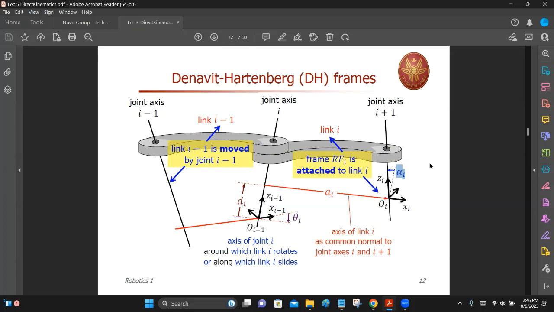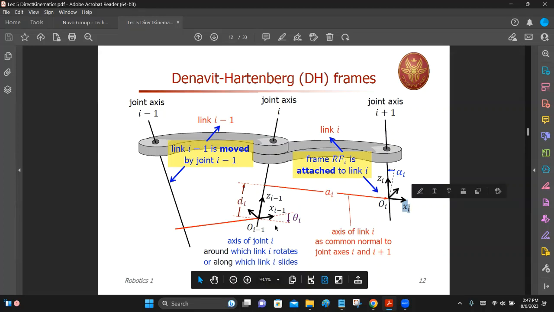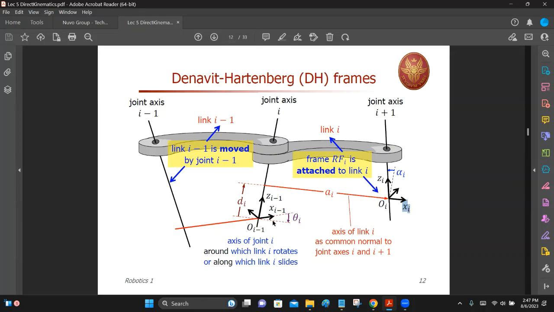Say theta. What is theta? Theta is the angle from x i minus 1 to x i. So theta I is the angle from x i minus 1 to x i around z i minus 1.